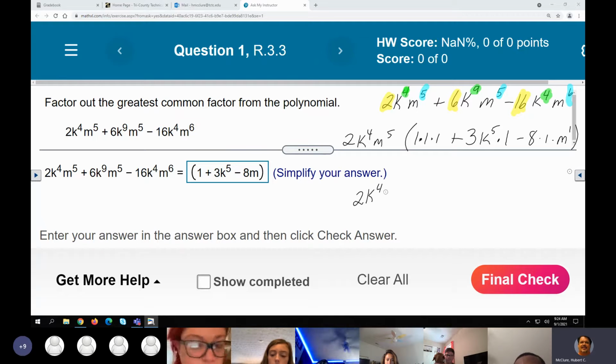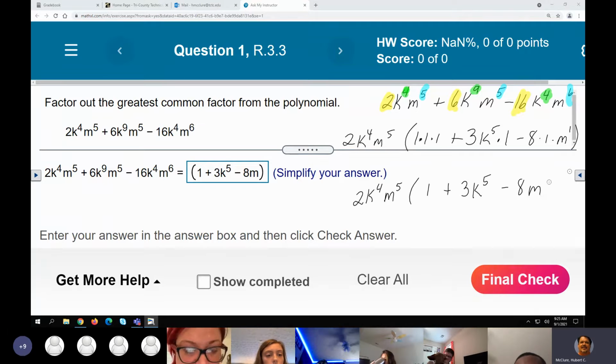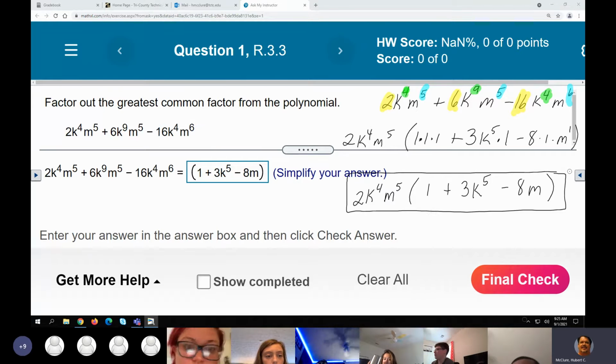2k to the 4th, m to the 5th, times 1 plus 3k to the 5th minus 8m. And you can write that, in parentheses, any way as long as you carry the signs with it.